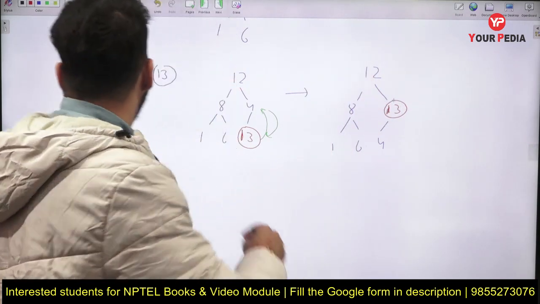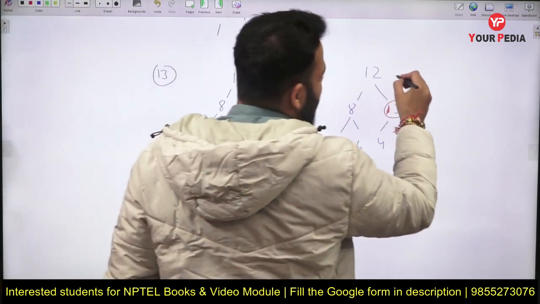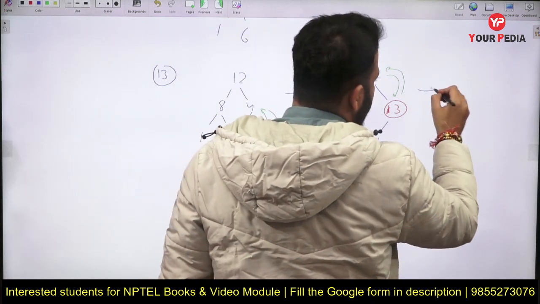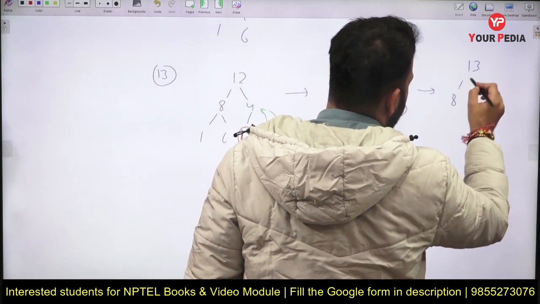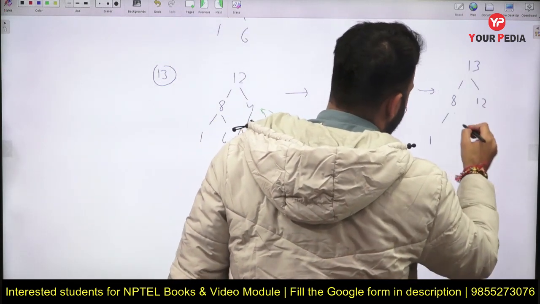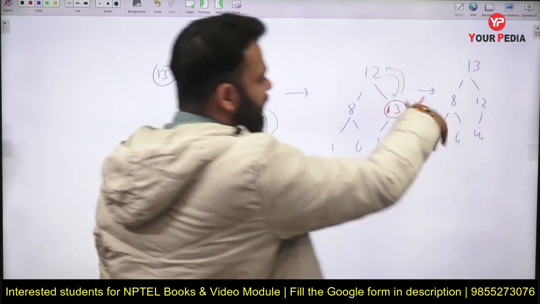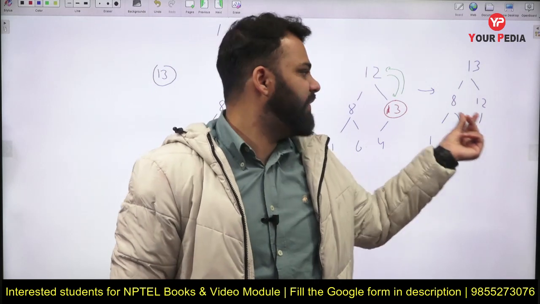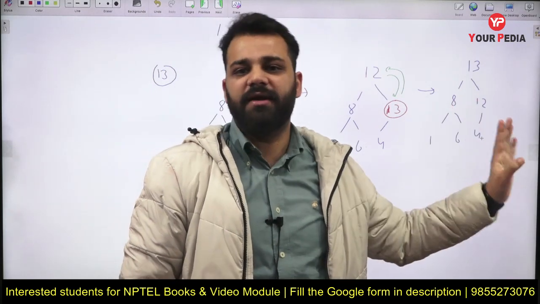So again we have to max heapify it, and when you max heapify it again, the resulting tree is 13, 8, 12, 1, 6, 4. Now all the conditions are satisfied because 13 is greater than 8 and 12, 8 is greater than 1 and 6, 12 is greater than 4.